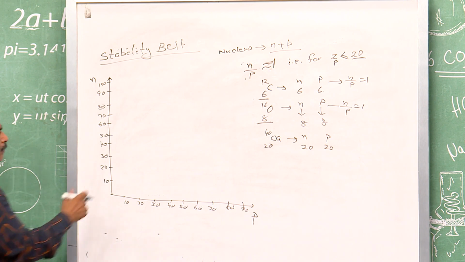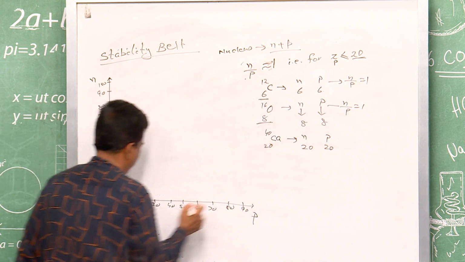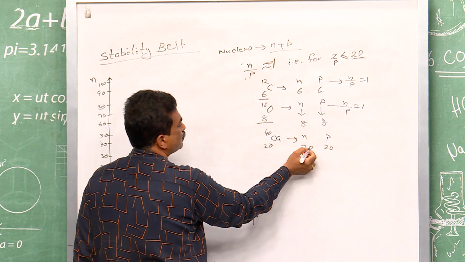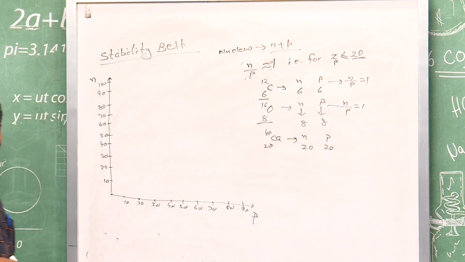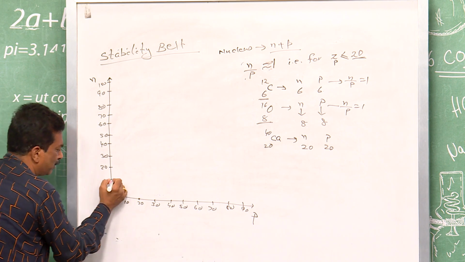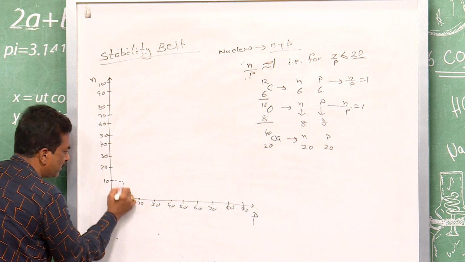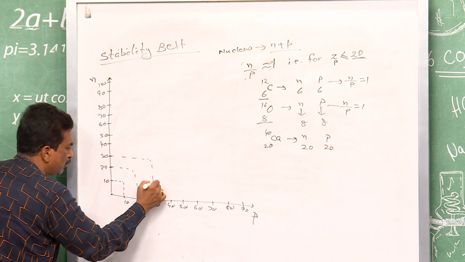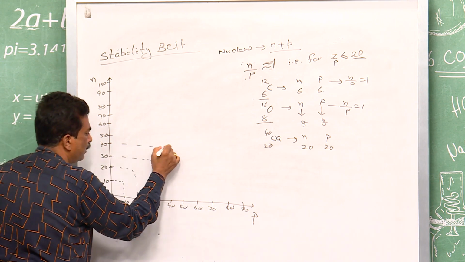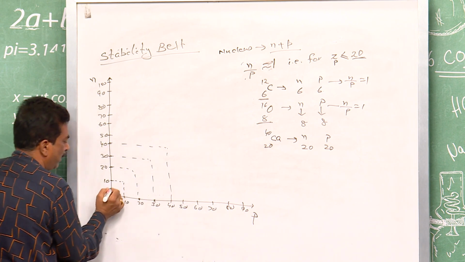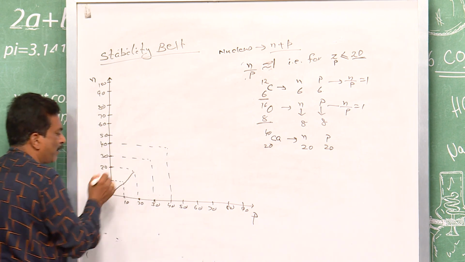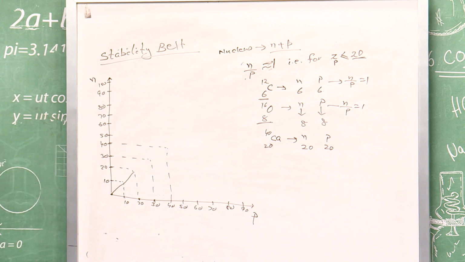Up to Z equals 20, you see the neutron and the proton are in a 1 to 1 ratio, from 10 to 10, 20 to 20, 30 to 30, 40 to 40. From 0 to 20 their values will be the same, which means they will provide a straight line.